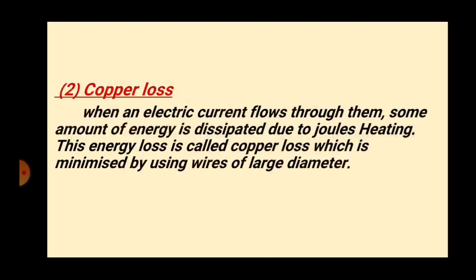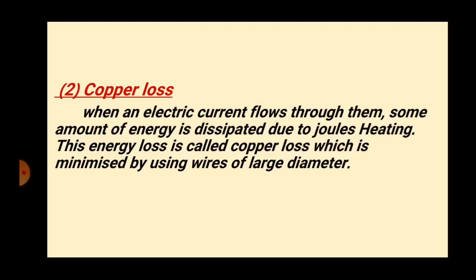The second factor is copper loss. Copper loss is nothing but heating loss. Already you know Joule's law of heating, H is equal to I square R. The current flowing through the primary and secondary winding leads to Joule's heating effect. Hence, some energy is lost in the form of heat.